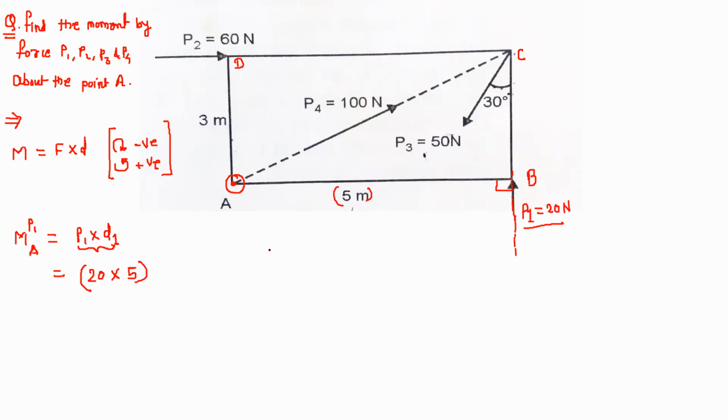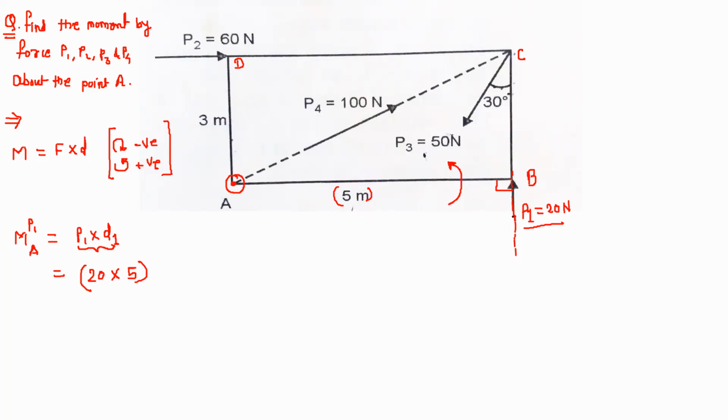Now just observe the effect, whether it is clockwise or anti-clockwise. To observe this effect, we have to just imagine the rotation. Fix this point A. Just assume you are holding this by hand, that is point A, and you are pushing the point B by applying force 20 Newton. How is the system going to rotate? It will rotate in this direction.